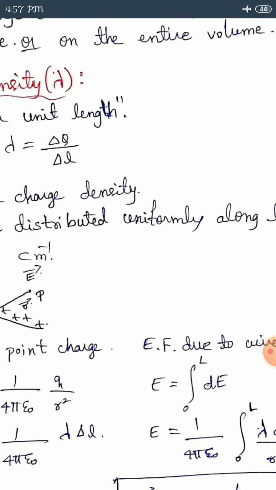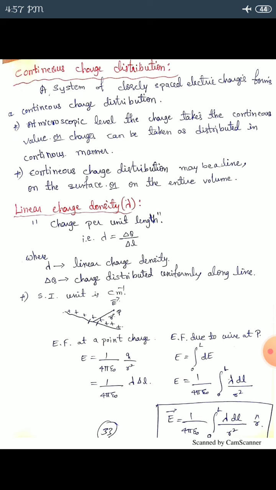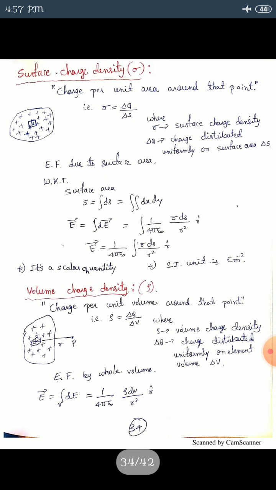In that case, E is equal to 1 divided by 4 pi epsilon naught, integral of lambda into dl divided by r square. Per unit length we have to consider, so we take lambda into dl divided by r square.